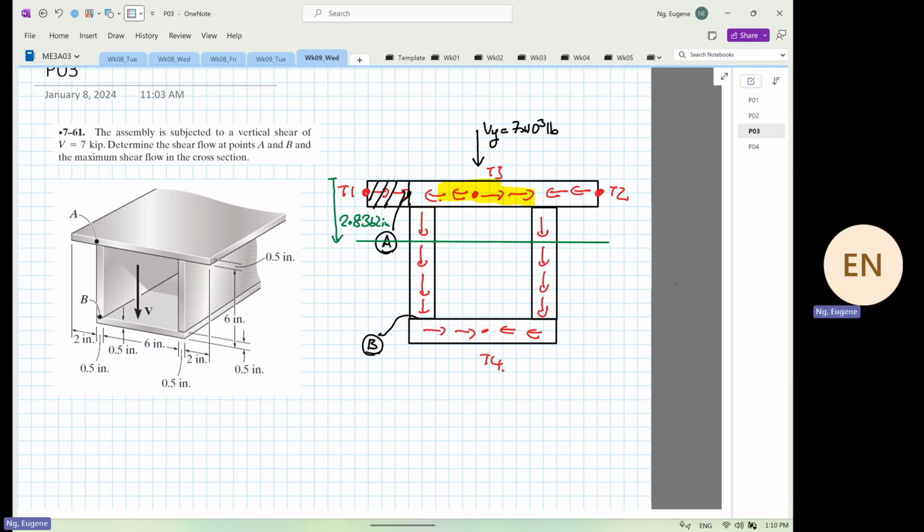Now the next question is, what area do you take? You take the area that is closest to the what? To the terminal. So the closest to the terminal is which one? T1. There's only one terminal there.